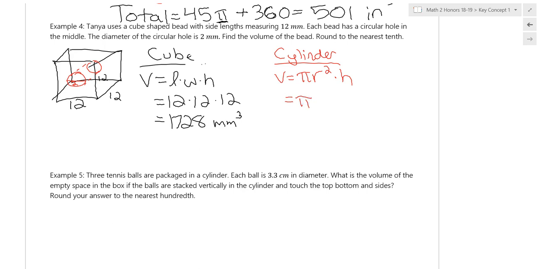Our radius, again, our diameter is 2, so our radius is half of that, so it's 1. Our height is the same as front and back, just the same here, so our height is 12. This is kind of easy. Pi 1 squared is 1 times 12 is 12 pi millimeters cubed.